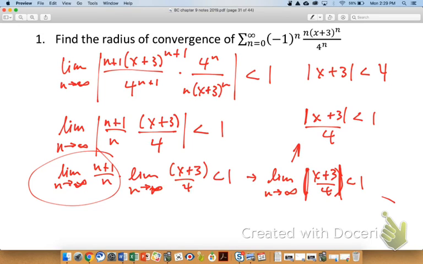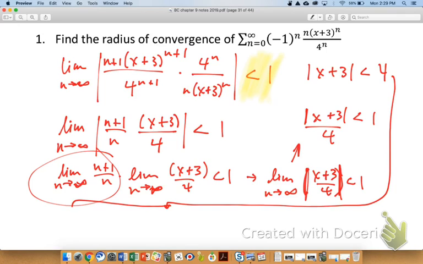So remember how we started off? We started off with an assumption that we're looking for convergence. So everything that follows is going to give you information about convergence, right? So this series converges as long as the absolute value of x plus 3 is less than 4. So check this out.